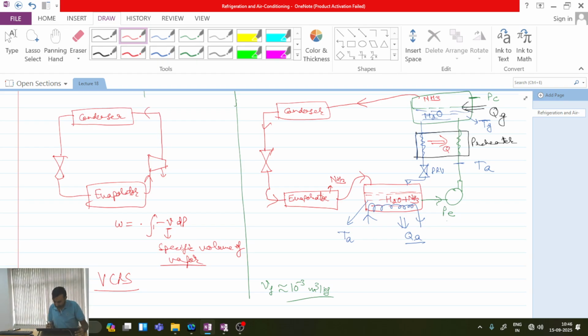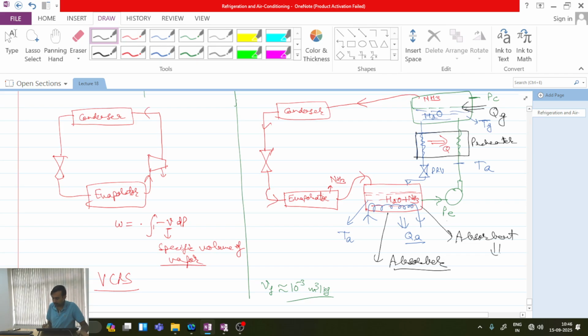The chamber we are using at the bottom is called the absorber. It is called the absorber because it is absorbing ammonia vapor. The solution we use inside this chamber is called the absorbent.